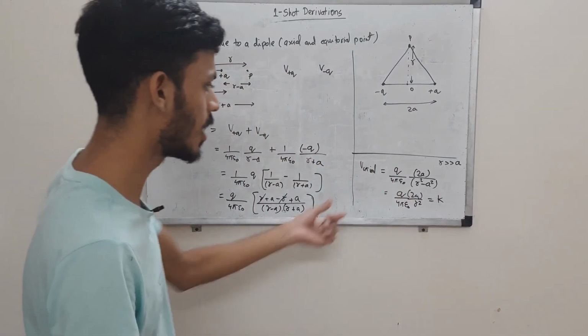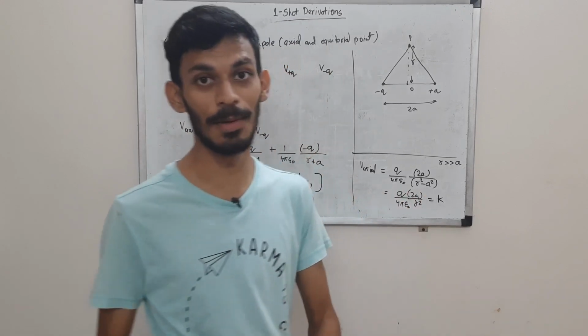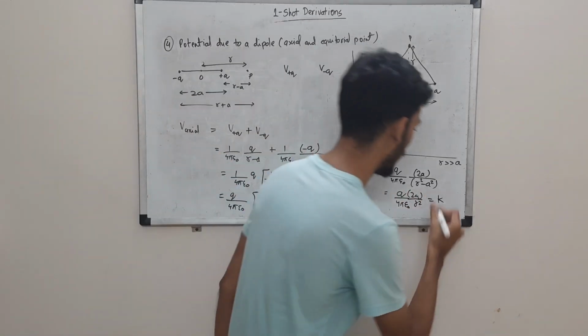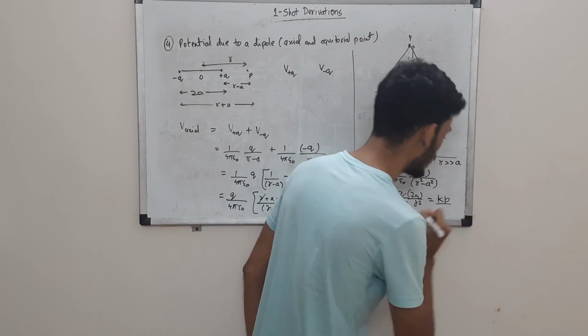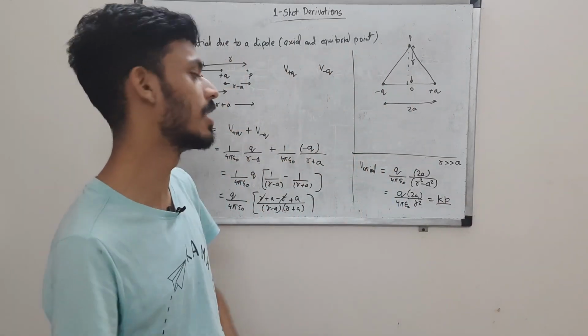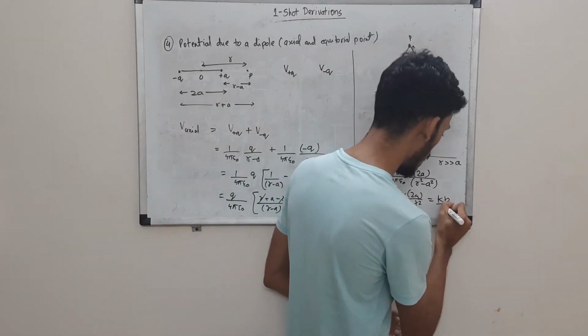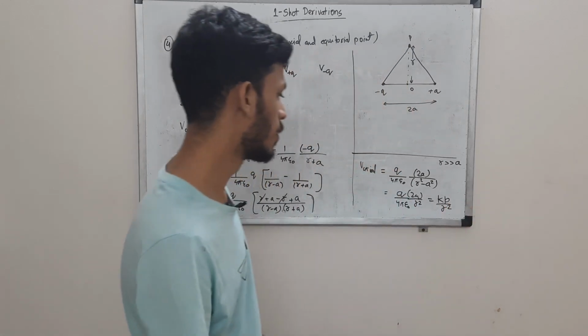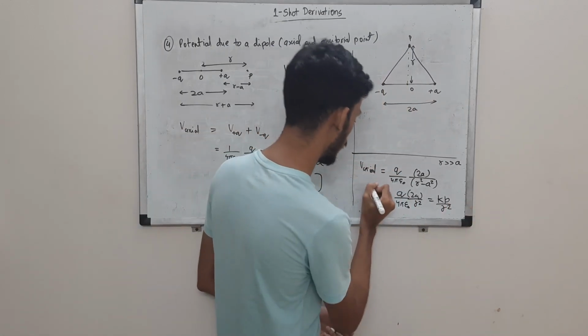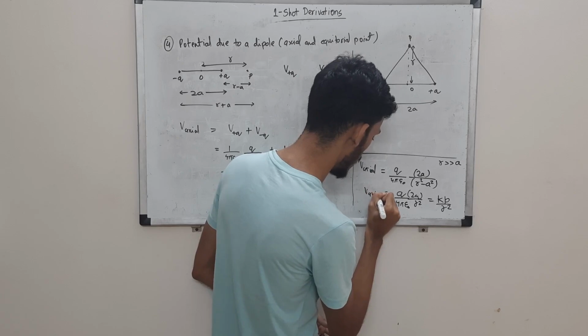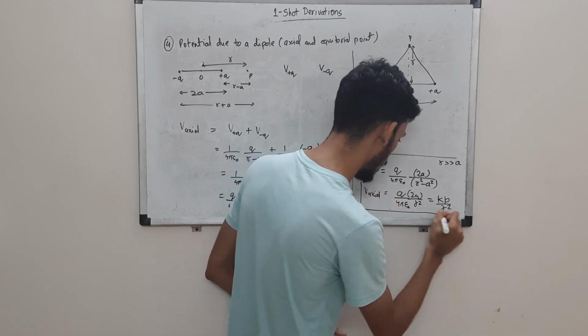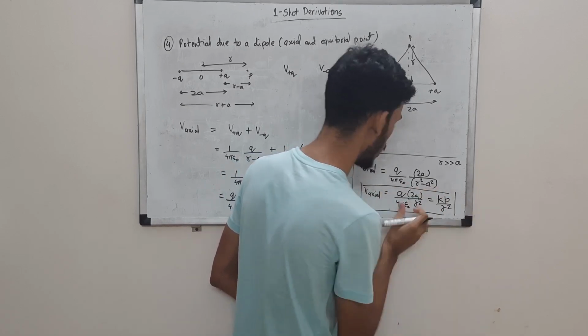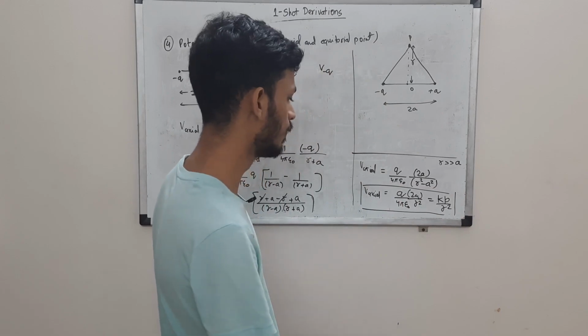If you remember, charge into distance of separation is nothing but the dipole moment, denoted by p. This is the magnitude because potential is scalar, so kp by r square. That is the expression for your potential at an axial point due to a dipole, kp by r square, or you can remember this.